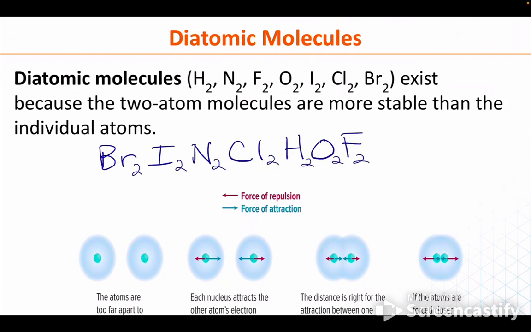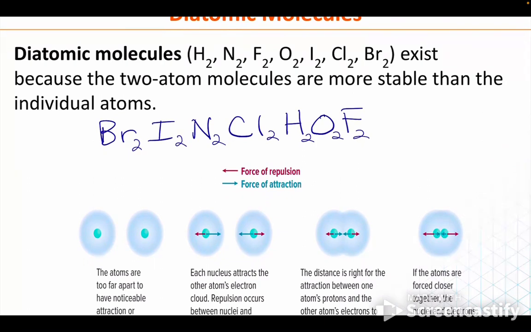So on the periodic table, they make a 7, where this would be the halogens, and this would be oxygen and nitrogen, and then hydrogen way over here. So you can remember them however you want, but it's something that you want to know. And the reason they're diatomic is because they're more stable to be together bonded than to be alone.